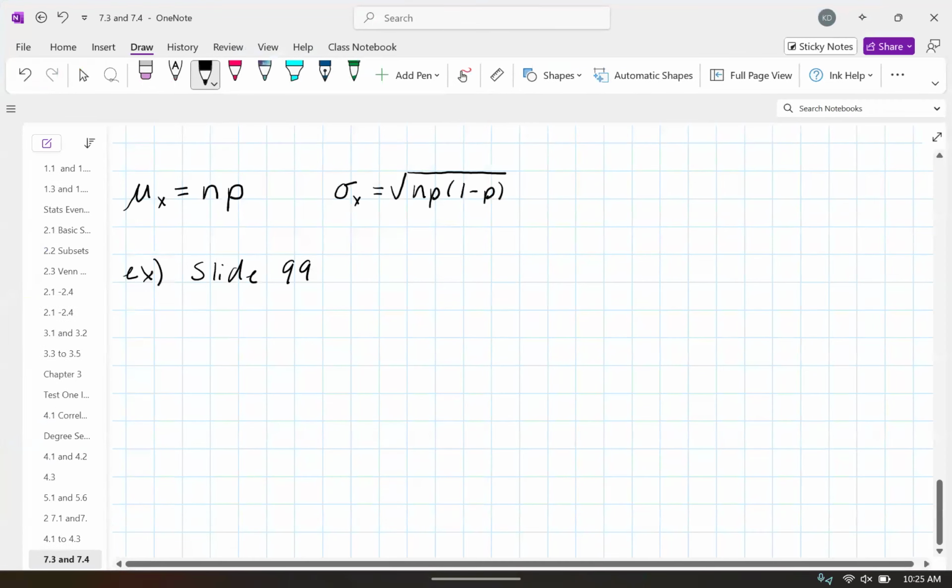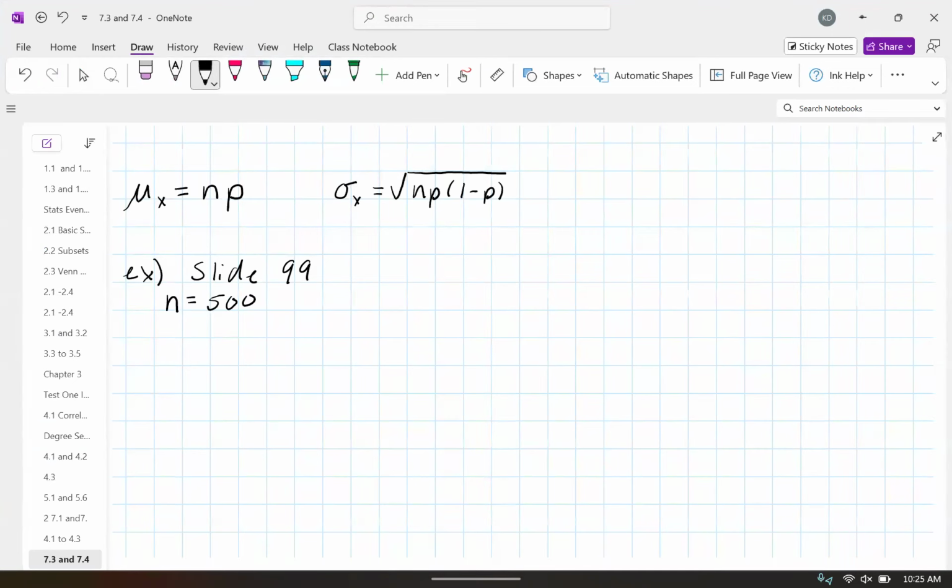So our slide says the number in our sample was 500. The probability of success is 0.07. And we're going to use a z-score. So we're going to use that formula.